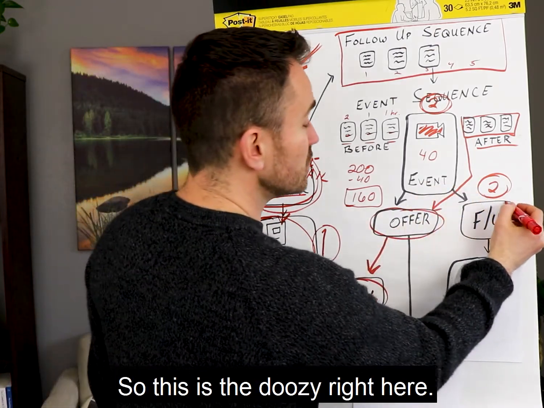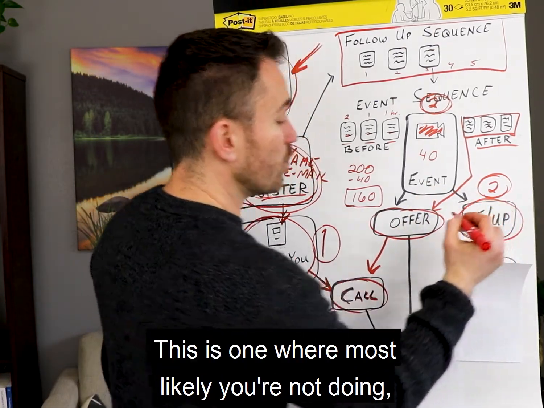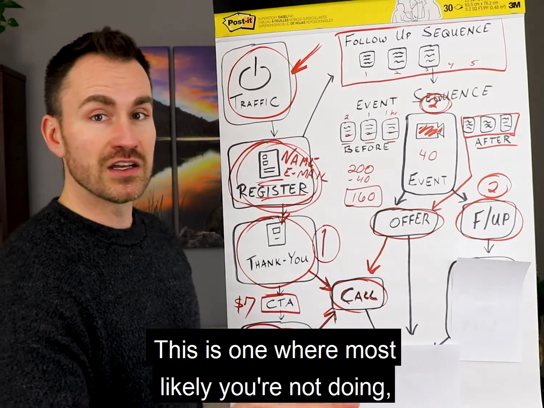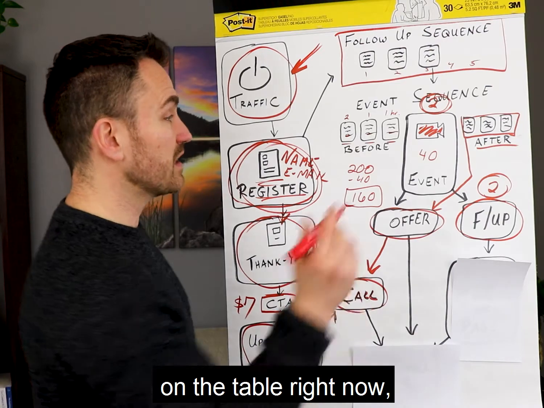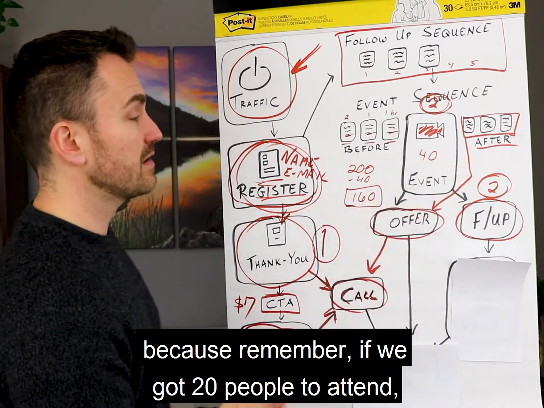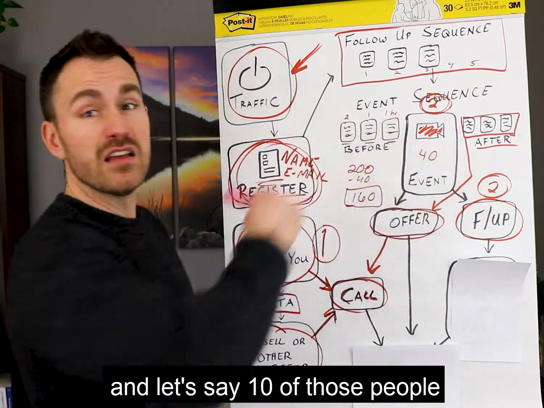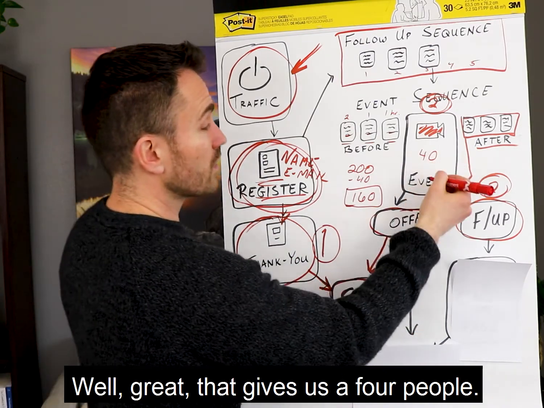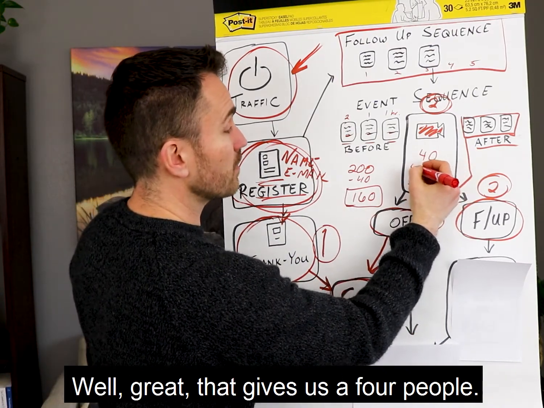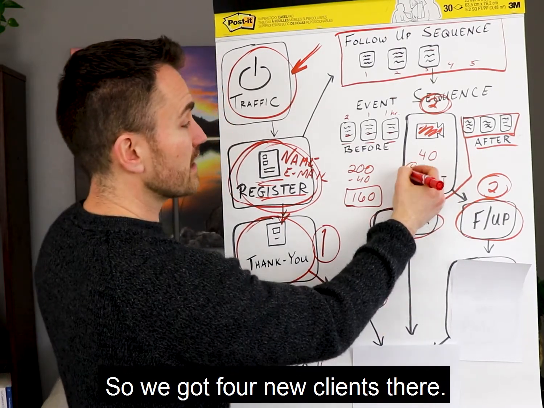So this is the doozy right here. This is one where most likely you're not doing it, and most likely you're leaving a ton of money on the table right now. Because remember, if we got 20 people to attend, and let's say 10% of those people end up converting, well, great, that gives us 4 people. So we got 4 new clients there.